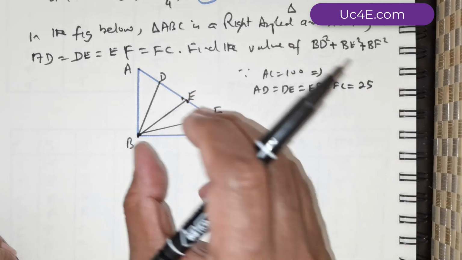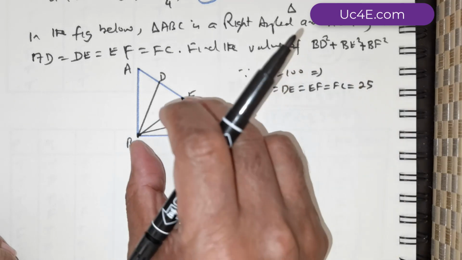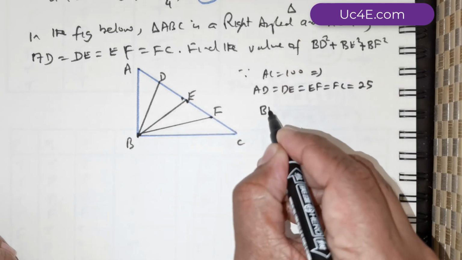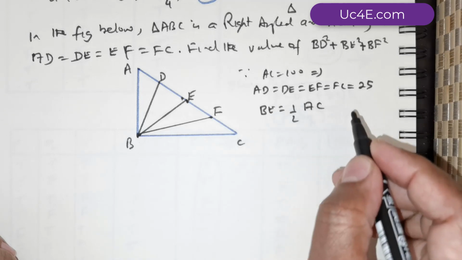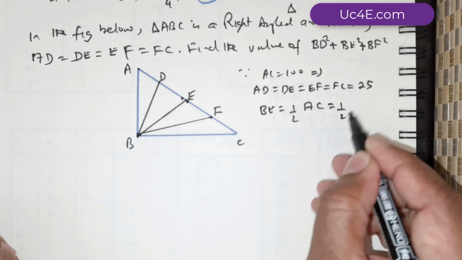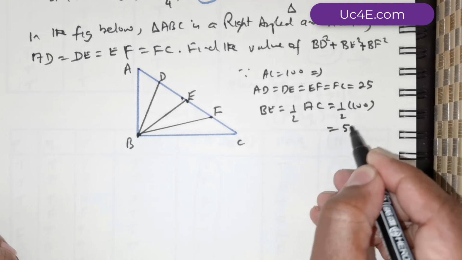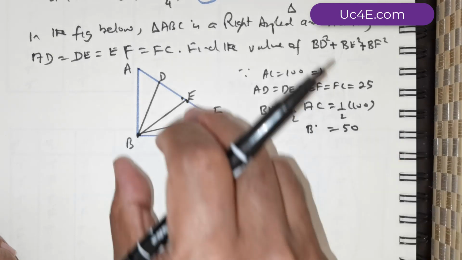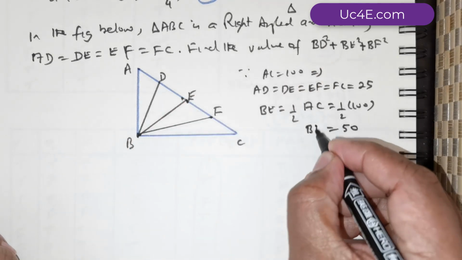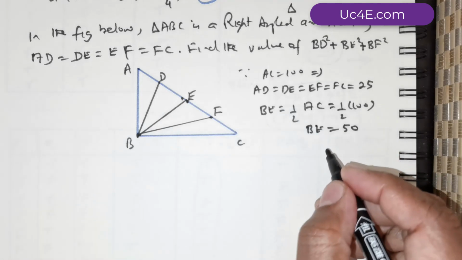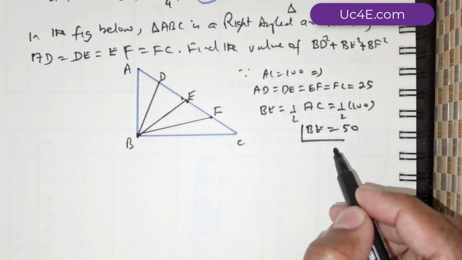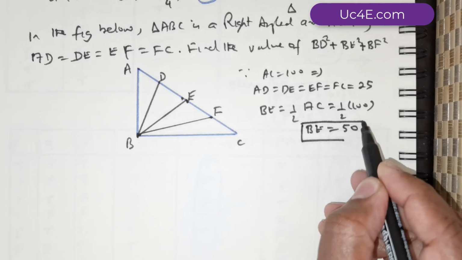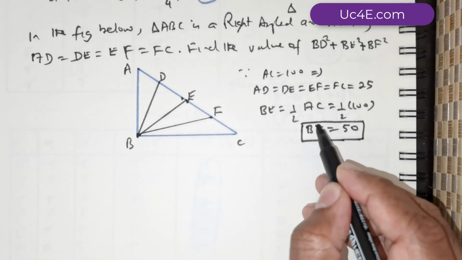Now, this portion BE is equal to half of AC. So that would mean half of 100, which is equal to 50. So this BE is equal to 50 units. That is also a very important observation that you will have to note there. So I place that value there.